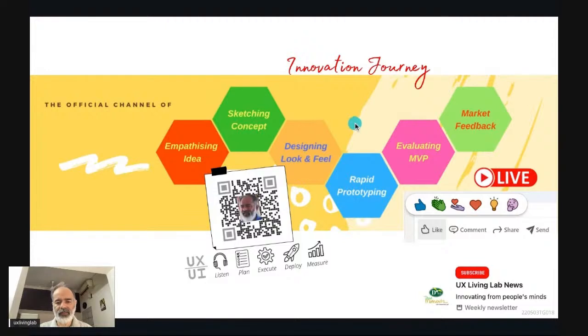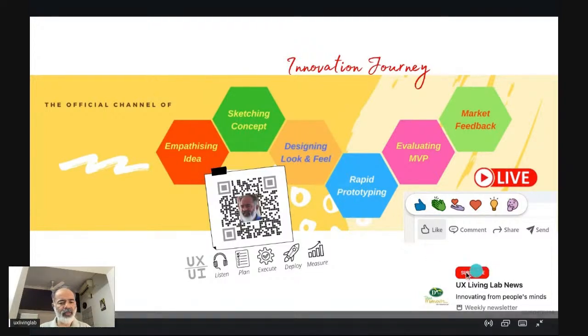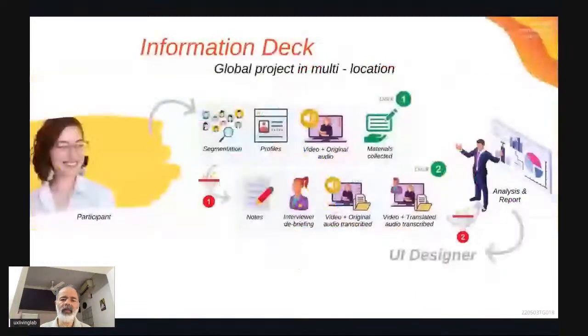So whatever we are discussing is connected to that. Mainly this UX is connected to look and feel and prototyping. But depth interviews are the best tool for ideation and concept. Also, you can refer to our newsletter for more details on UX.